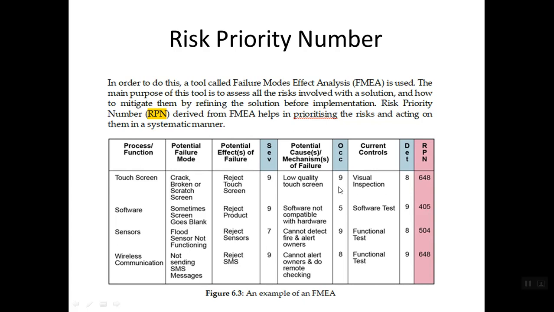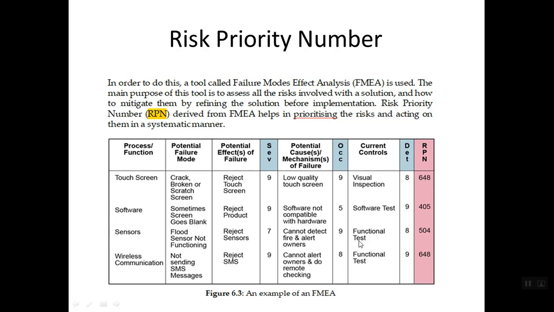From this you can see that 9 times 9 times 8 equals 649. So you rank it. This is one of the highest that needs to be taken care of. In case you can increase the detection level, maybe from 8 to 5, the RPM will be reduced.